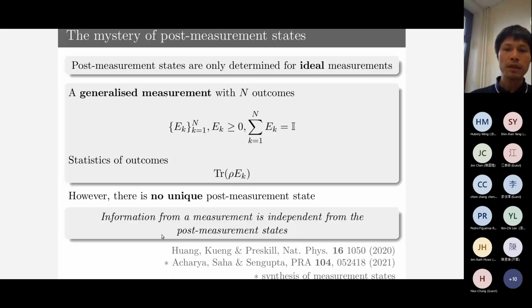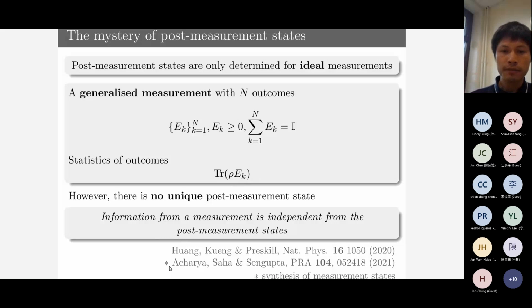Therefore, the natural expectation, according to our perspective, would be that information from a measurement is actually independent from the post-measurement state. So one should not base only on the post-measurement states. So the interpretation that we tried to think of before seems not to be so consistent with this philosophy.